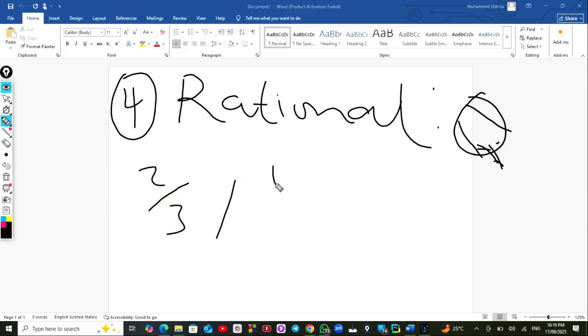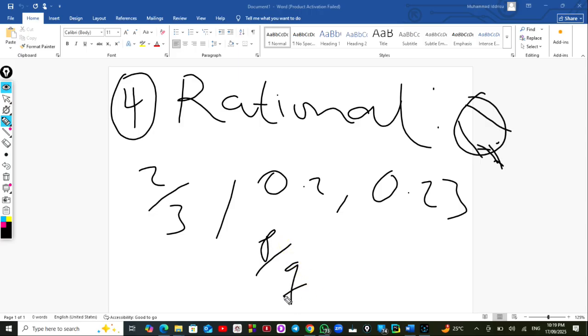Then decimals like 0.2, both terminating and recurring decimals are rational. 0.2, 0.23. So any number that can be expressed in the form p/q, in fact, any number that can be expressed in this form is a rational number.